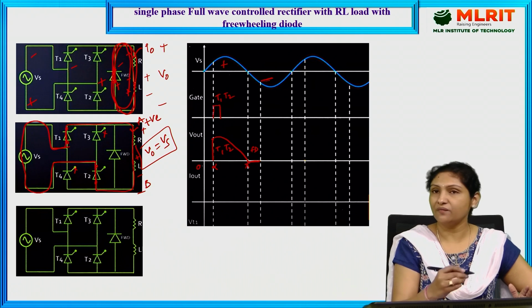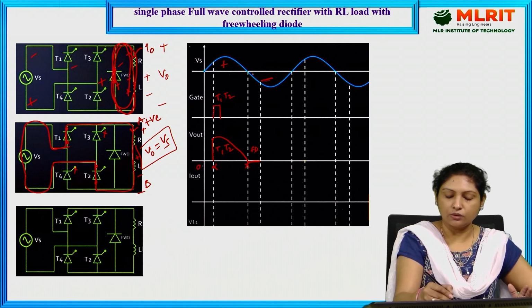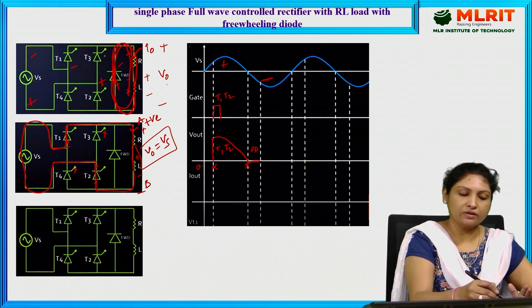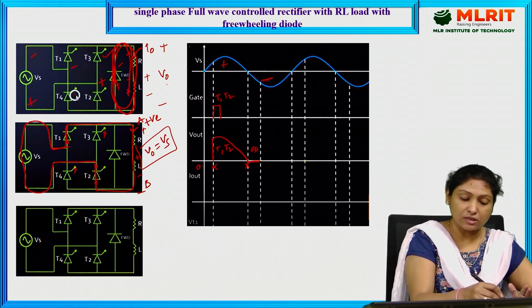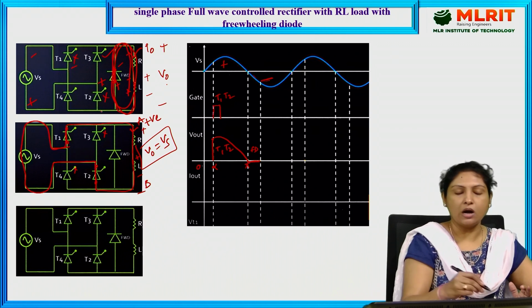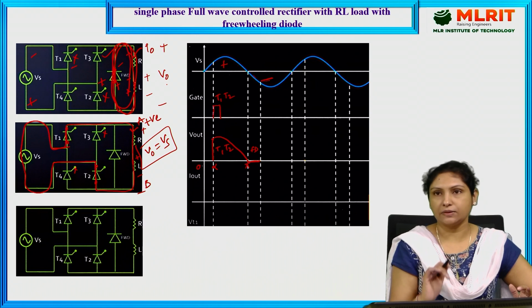So we don't get the negative spike. Again, from this instant during the negative half cycle, since polarities are negative and positive, T3 will be forward biased as well as T4, whereas T1 and T2 are turned off since these are reverse biased during the negative half cycle.